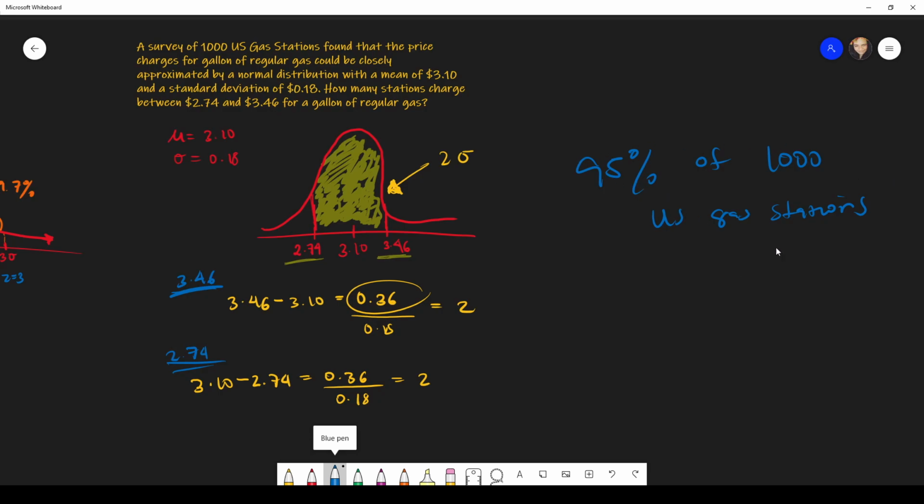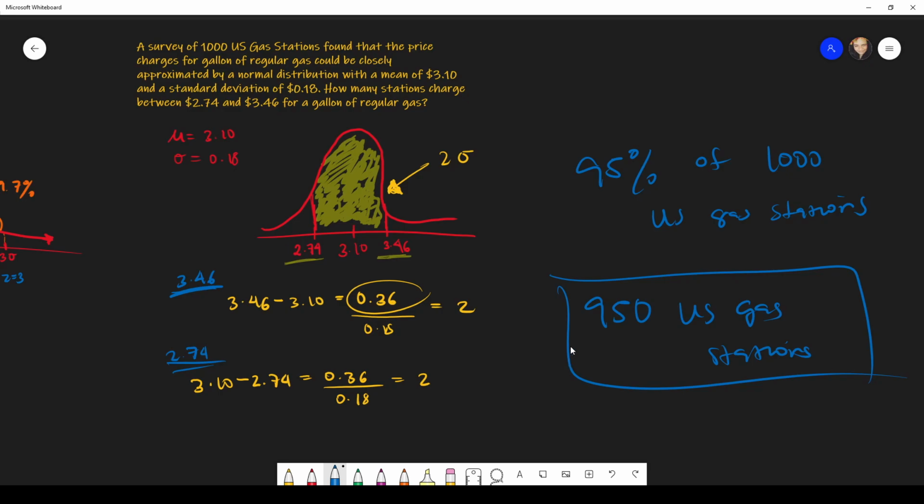This is also considered our final answer, but if you want to be specific, what is 95% of 1,000? Then that's 950 US gas stations charged between those amounts. And that's how you apply the empirical rule of a normal distribution in a given problem.